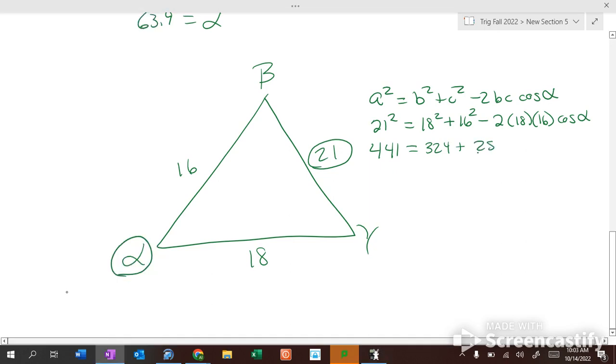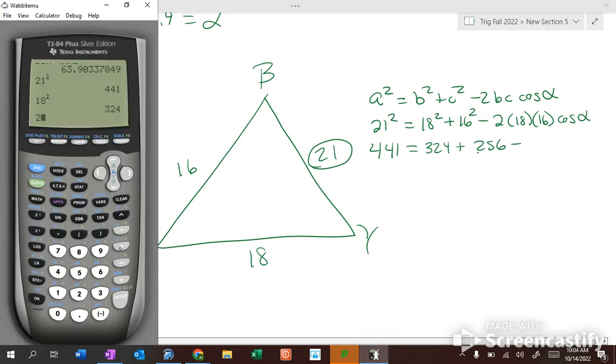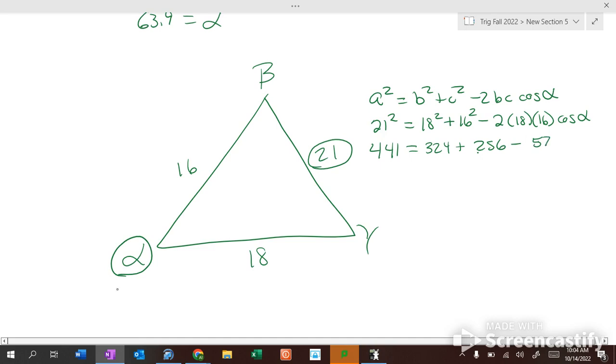I know that one by heart. And then 2 times 18 times 16 is 576. Cosine of alpha.